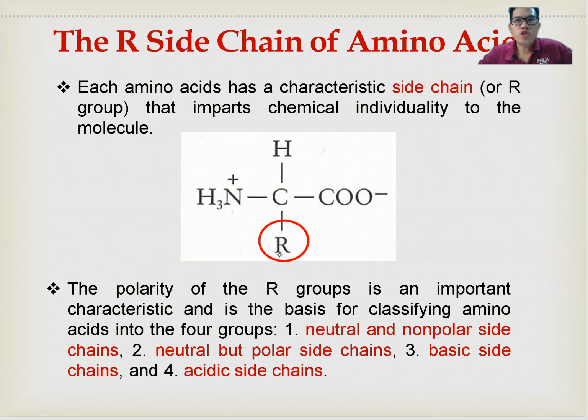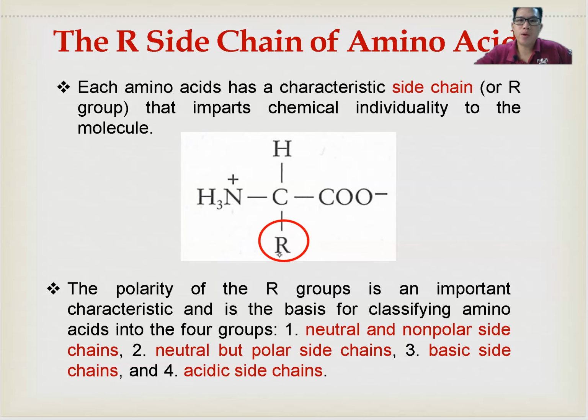So the R side chain of amino acids imparts chemical individuality to the molecules. The function of the amino acid largely depends on the behavior of the R groups. Out of the 20 amino acids we have mentioned just now, the R groups can be divided into these four groups here.